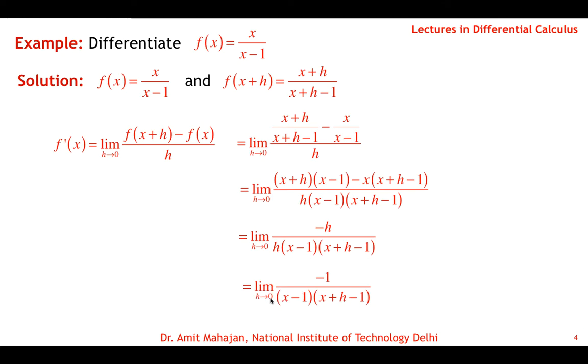So as h goes to 0, this limit value is minus 1 over x minus 1 square. So this is the derivative of the function fx at each point x in the domain of the function.